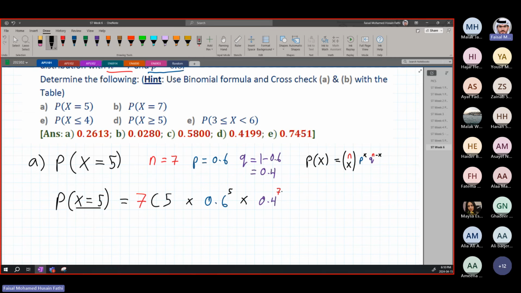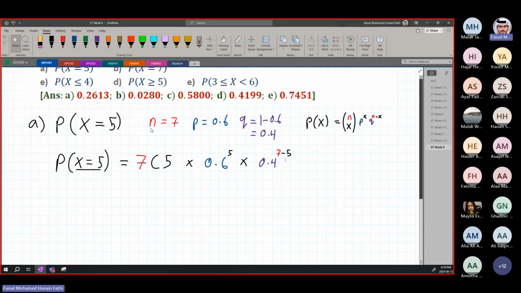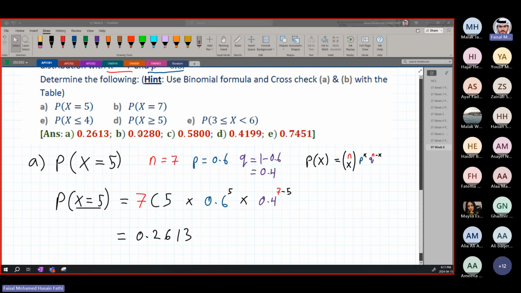And that's it. You just apply this equation and you put this into your calculator and you will get your probability. So if I do this, you get a probability of 0.2613. All right. So this is the probability you get. So you put this all in your calculator and you will find this probability directly. This is how you will be applying for all your binomial functions.